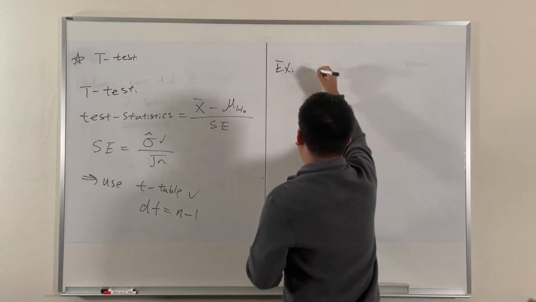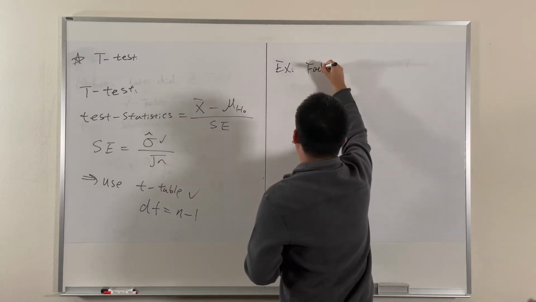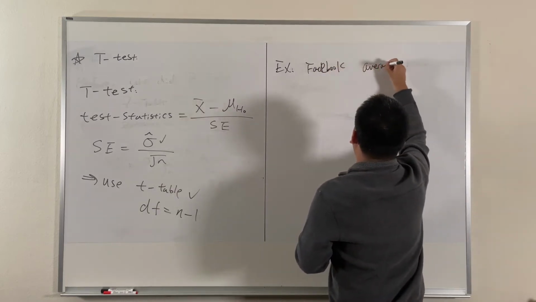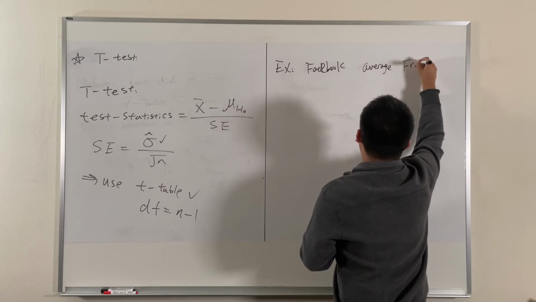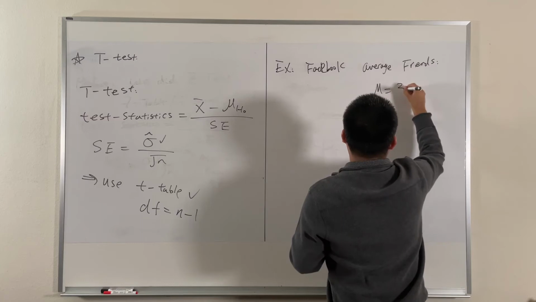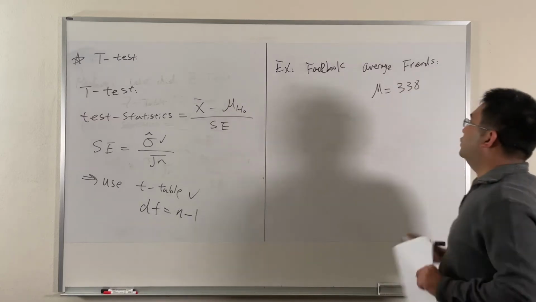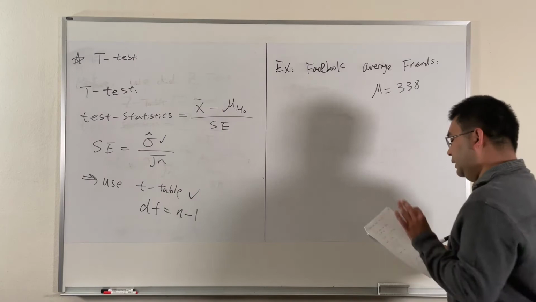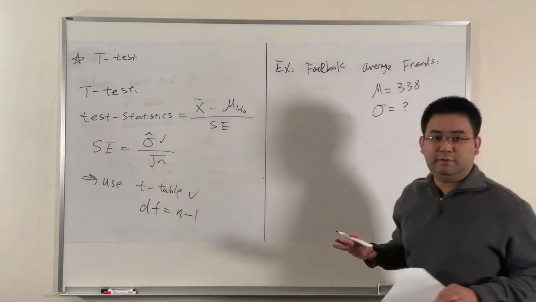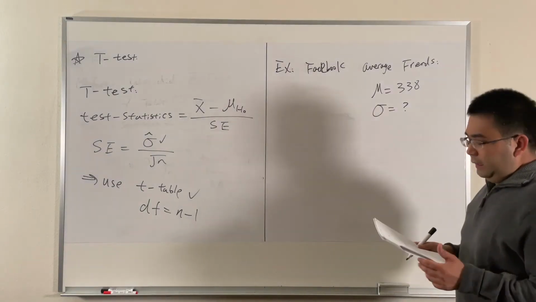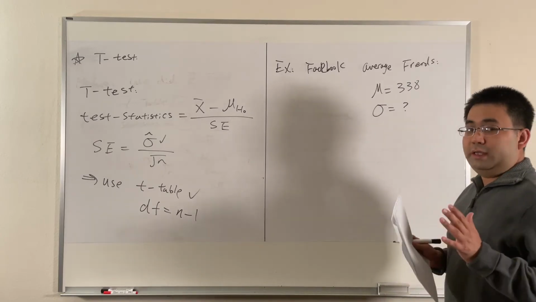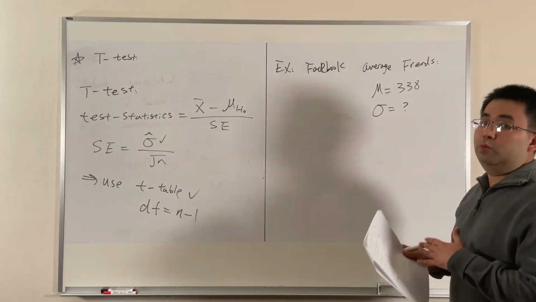We know that on Facebook, people have 338 friends on average, and in this case we assume that we don't know the population standard deviation. We're going to ask whether Cal State Los Angeles students have more friends or not.